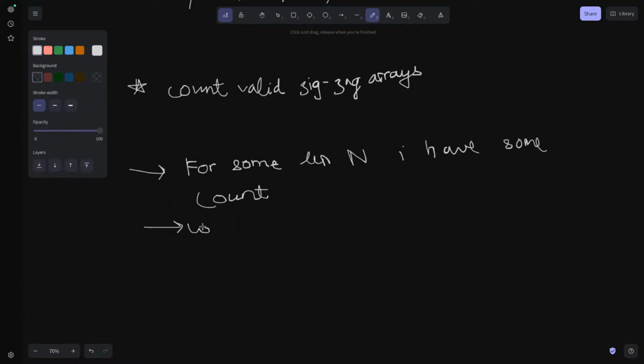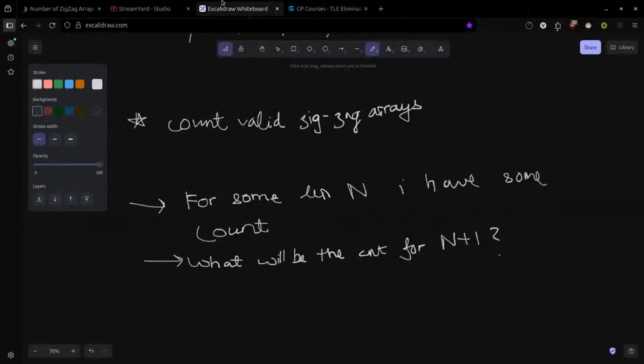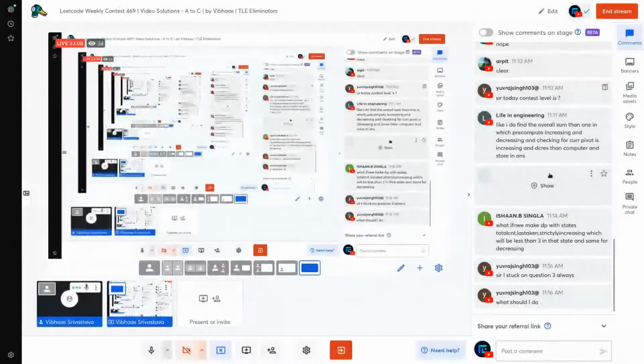What will be the count for n plus 1? And that's kind of what we need to figure out.